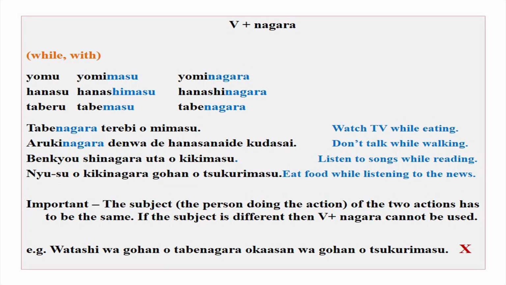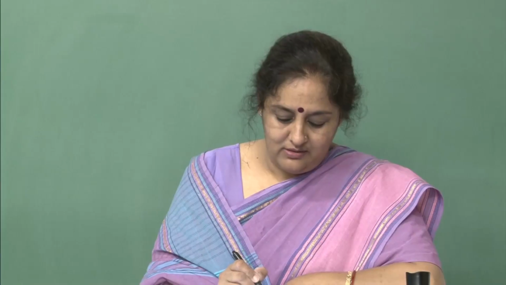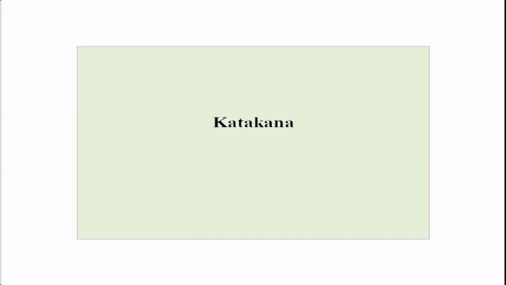You have done a lot of things now, lot of forms, and I am sure by now your Japanese is simple and you are able to speak and talk and say a lot of things, ask about a lot of things in Japanese. Well, you also need to finish your hiragana and katakana, which is very, very important.